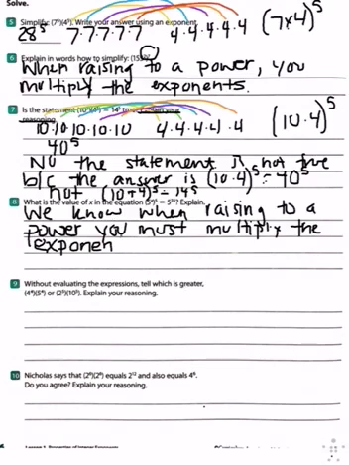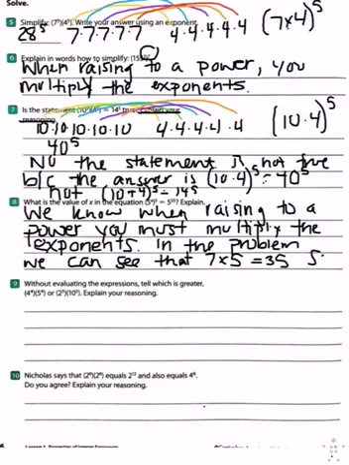In the problem, we can see that 7 times 5 equals 35. So x equals 7.